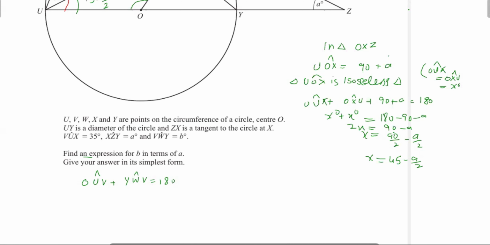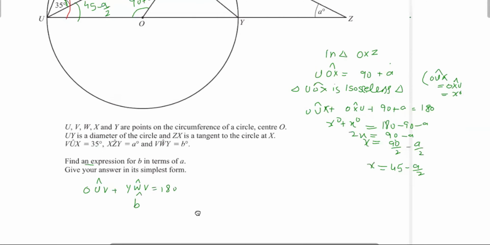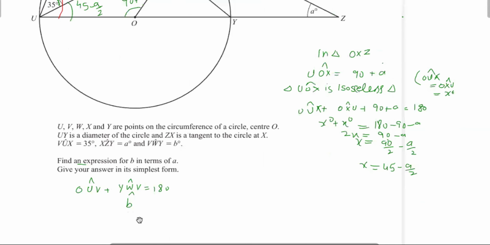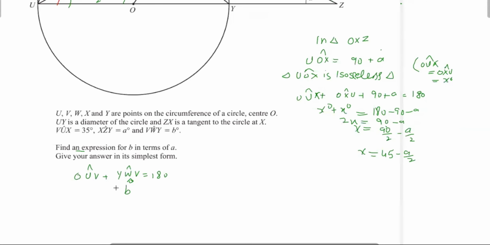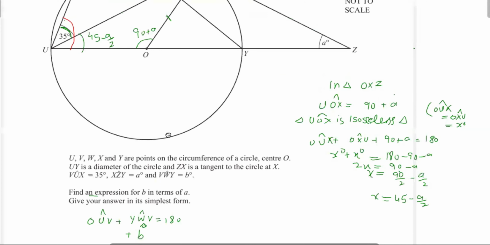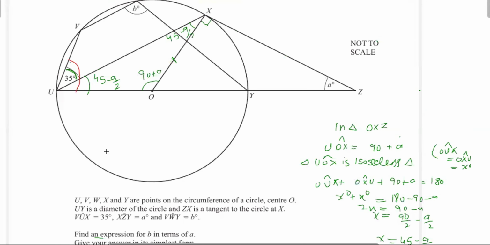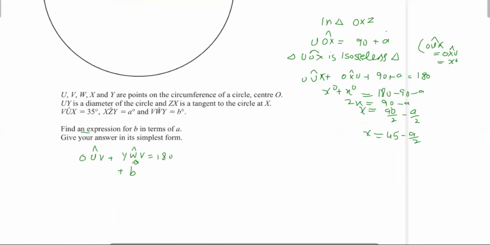And the first angle you see here, VWY, is B degrees. We write the B degrees. And OUV is equal to 45 minus A over 2 plus 35. We write here 35 plus 45 minus A over 2, and this value is equal to 180.